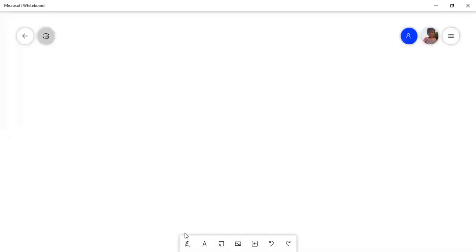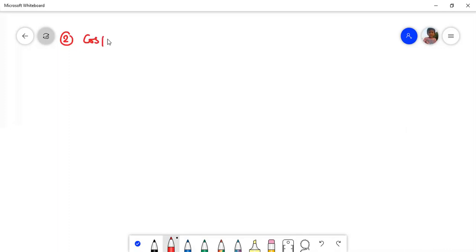Second problem. The second one is cos 12 degrees minus sin 78 degrees. You want to change any one of the terms, either cos or sin. The cos 12 degrees you can write as cos of (90 degrees minus 78 degrees) minus sin 78 degrees.